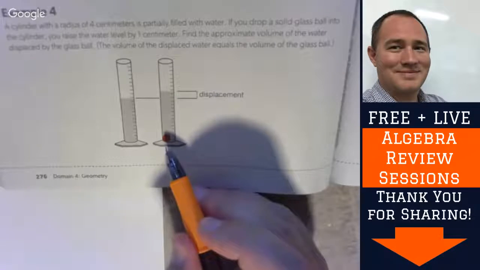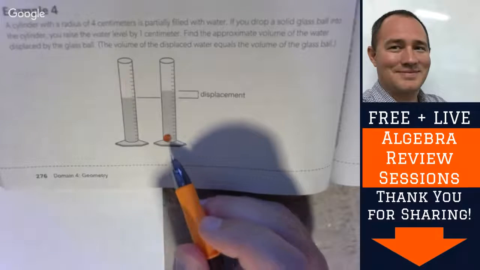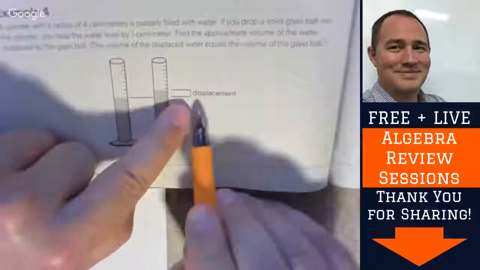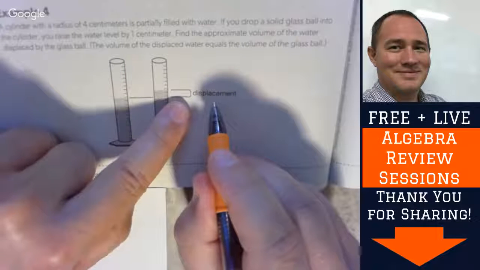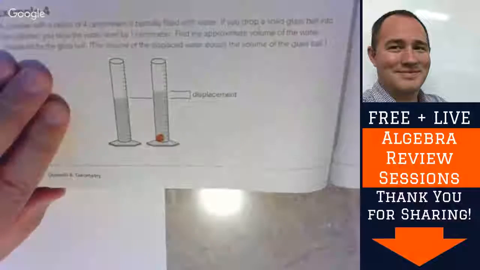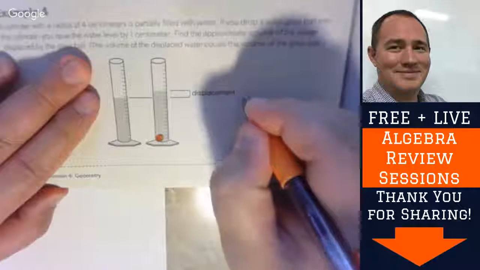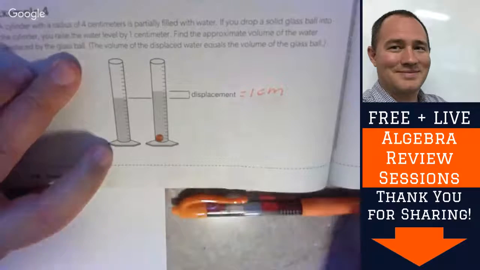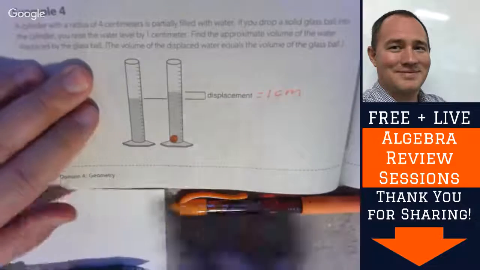So if you couldn't see it, there's a ball in the bottom here that we dropped into our cylinder. And how much did it displace our water? If we go back up here, that displacement is going to be a difference of 1 centimeter. So 1 centimeter. All right, and let's use a different color pen for some other bits of information.